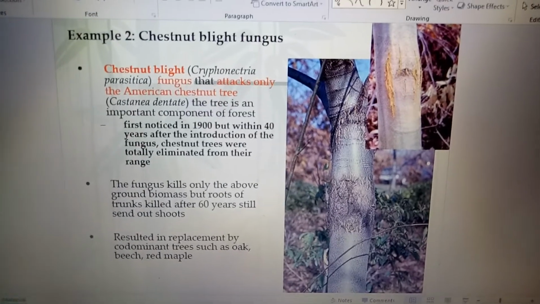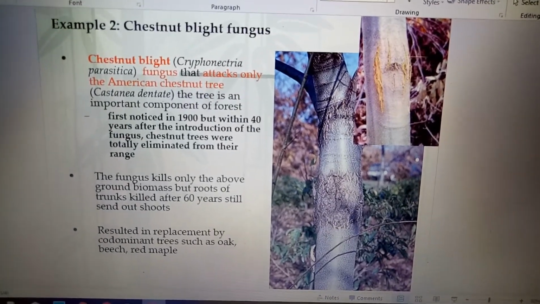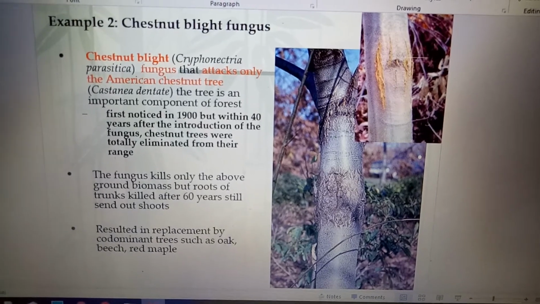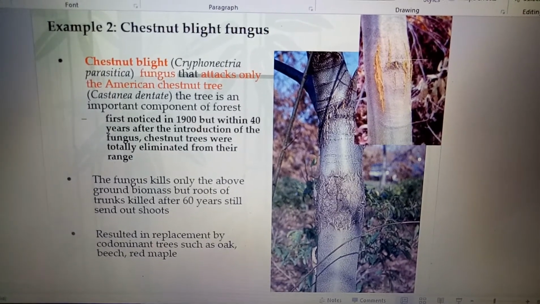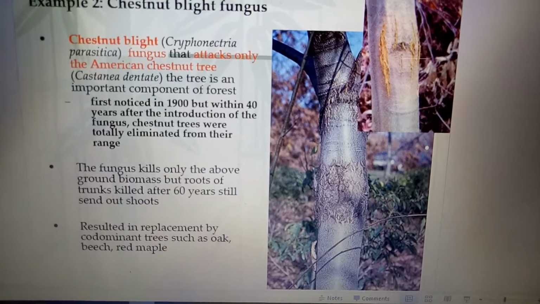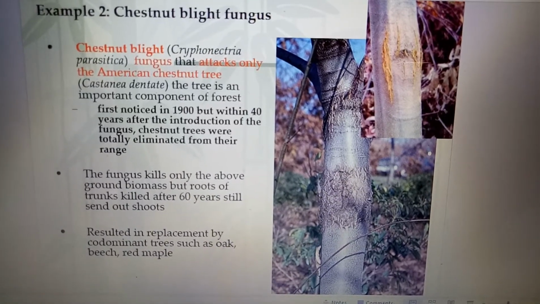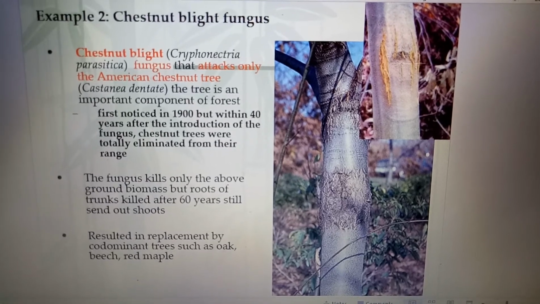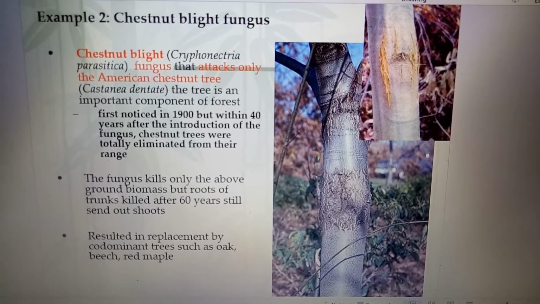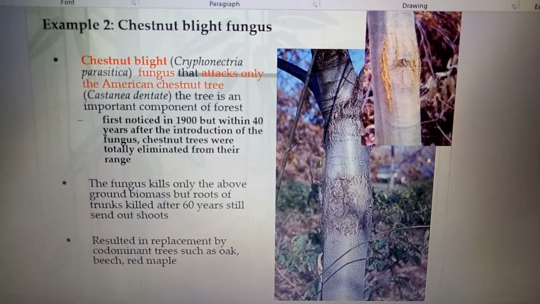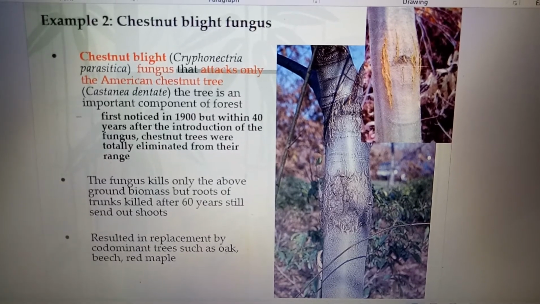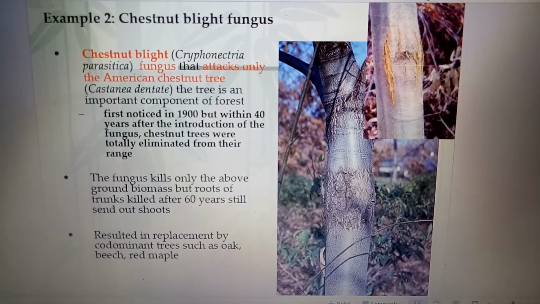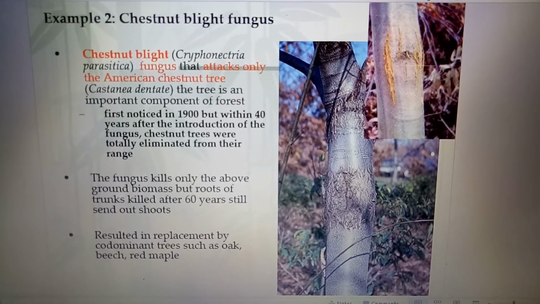Next one is chestnut blight fungus. This is a type of fungus, chestnut blight, scientific name Cryphonectria parasitica, a fungus that attacks only the American chestnut tree. The tree is an important component of the forest. It was first noticed in 1900, but within 40 years after the introduction of the fungus, chestnut trees were totally eliminated from their range.